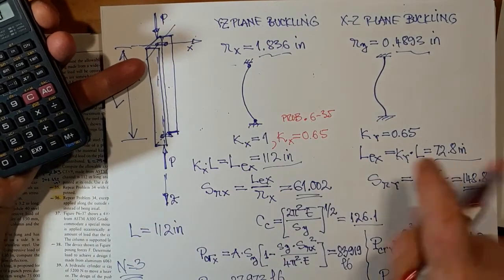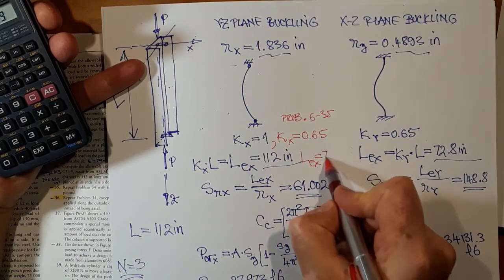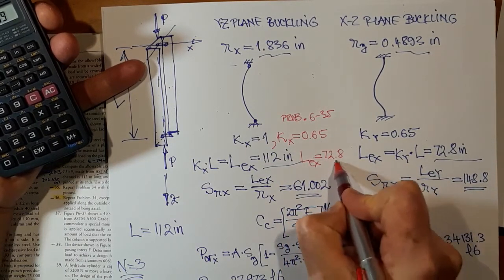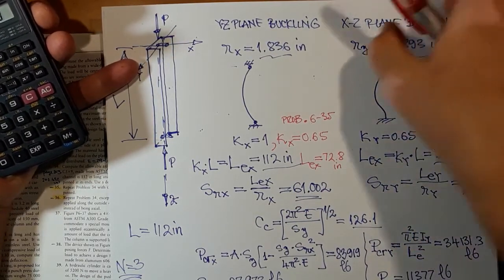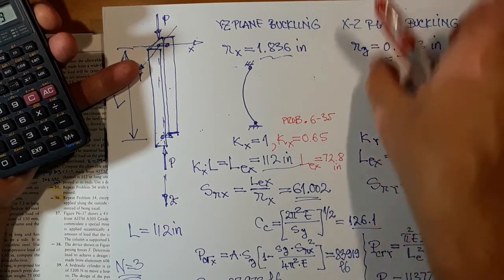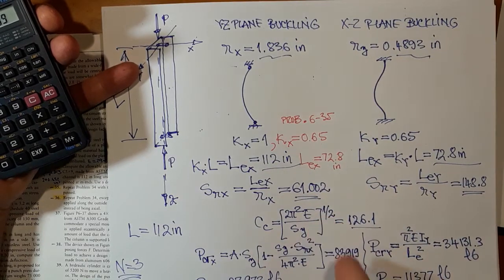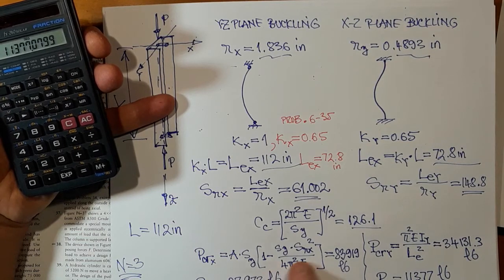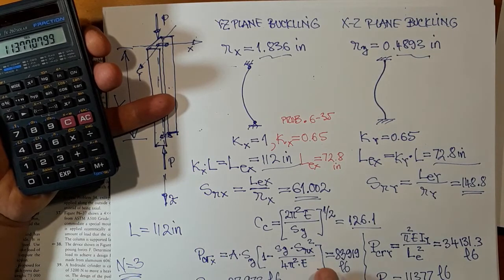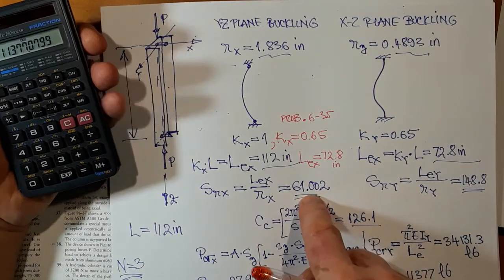I actually have it calculated. LEX is going to be 72.8 inches. The result on the right column is the same for problem 34 and 35. Column constant unchanged. So I need to recalculate the slenderness ratio.